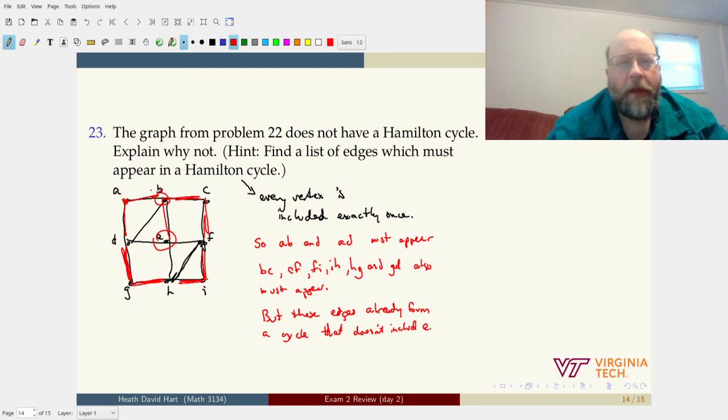And so once you list the edges that have to appear, you already have a cycle, but it's left out one of the vertices. Okay?